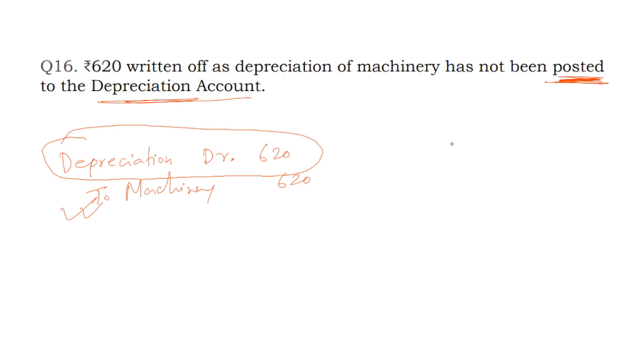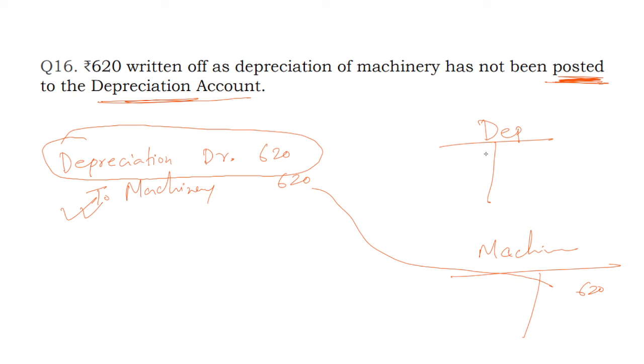Generally, we pass journal entry, then we transfer it in the ledger. Okay, say for example, it is depreciation account, and it is the machinery account. In the machinery account, it is posted 620, but in the depreciation account there is no posting. So that's why in this question it is asked, 620 written off as depreciation of machinery has not been posted.